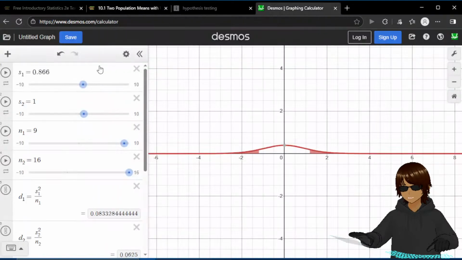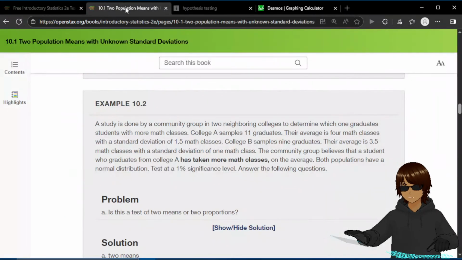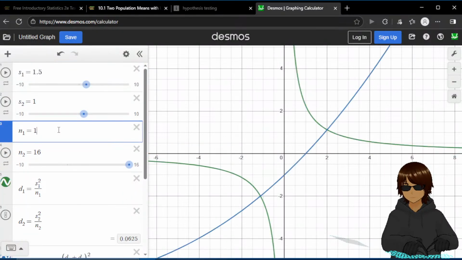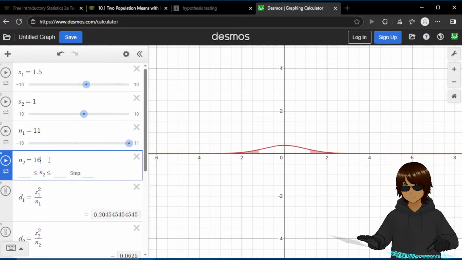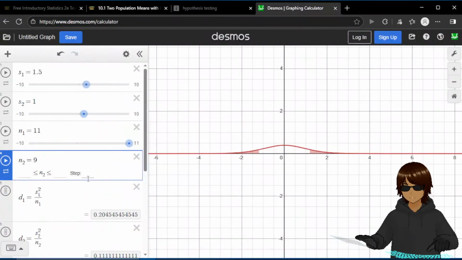s1 is 1.5, s2 is 1, 11 and 9. Average is 4 math classes with standard deviation of 1.5. 9 graduates, standard deviation of 1.